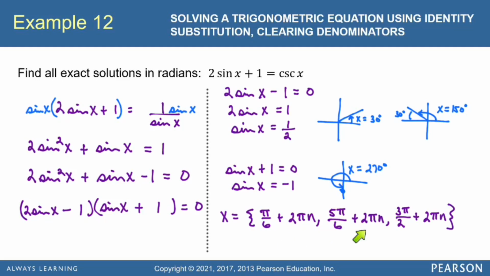So these are all the exact solutions for this equation, stated in radians. And then don't forget to add where n is any integer, so that it's clear to people that when they're using these expressions to calculate more solutions, the n that they plug in has to be an integer.